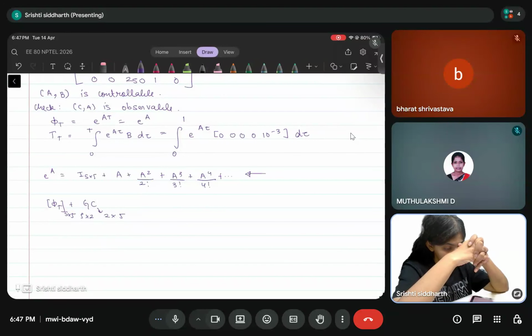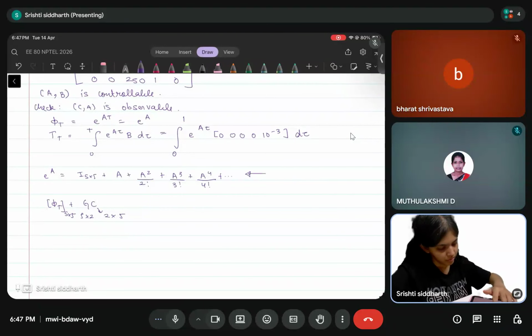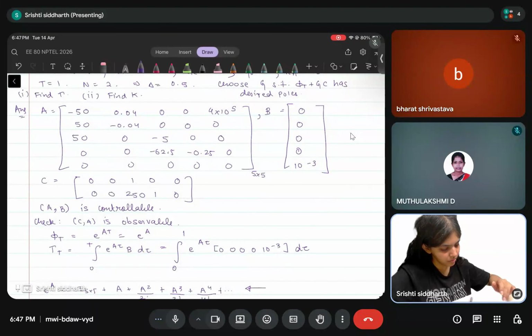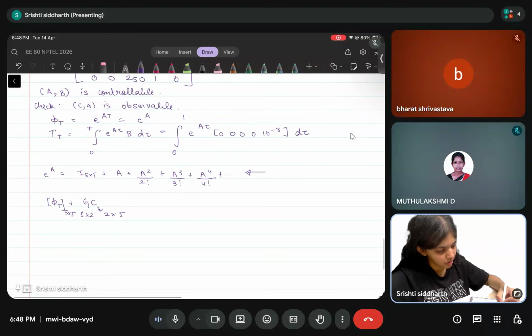You have to calculate terms, right? This is one option, or we could diagonalize the matrix.